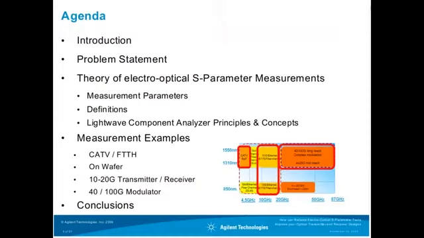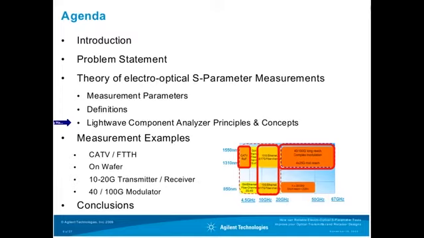After this introduction and problem statement, I will give a brief introduction to the theory of electro-optic S-parameter measurements. I will define the measurement parameters, give definitions of S-parameter measurements, and explain the Lightwave Component Analyzer principles and concepts.